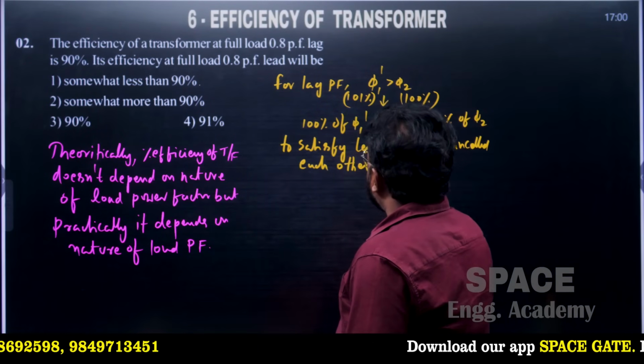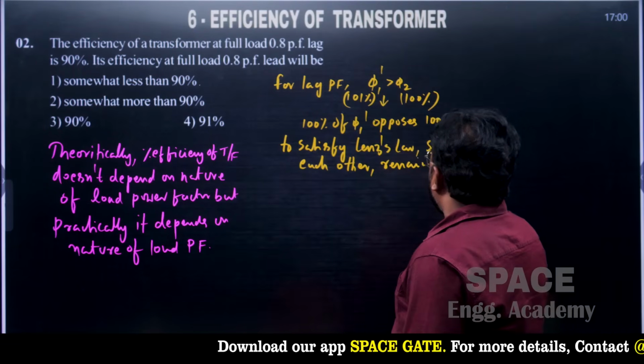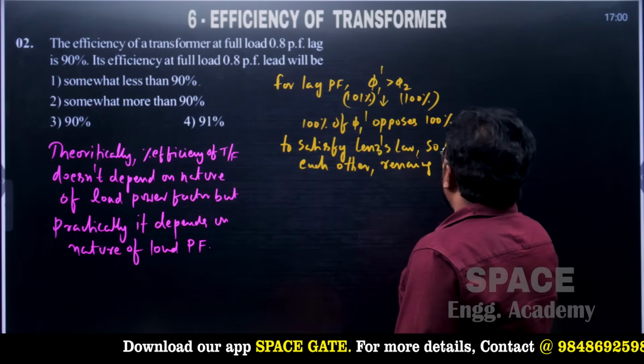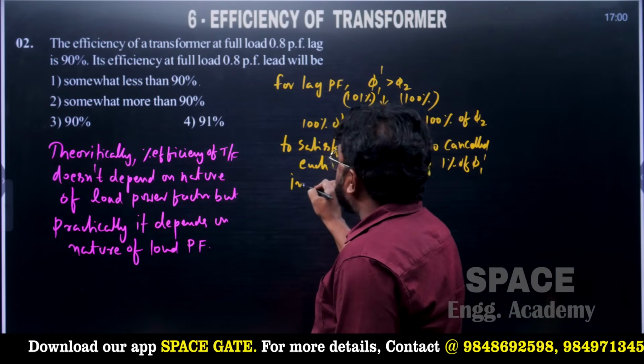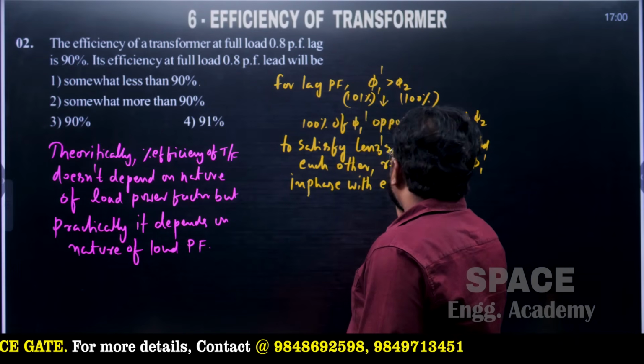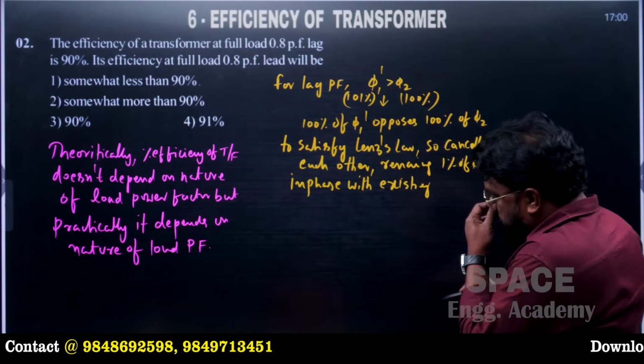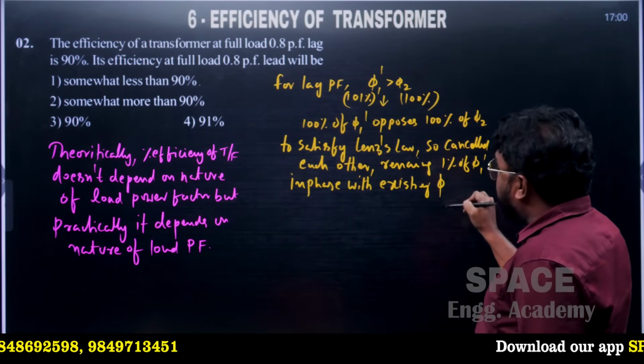The remaining 1% of phi 1 dash is in phase with the existing net primary flux phi 1.